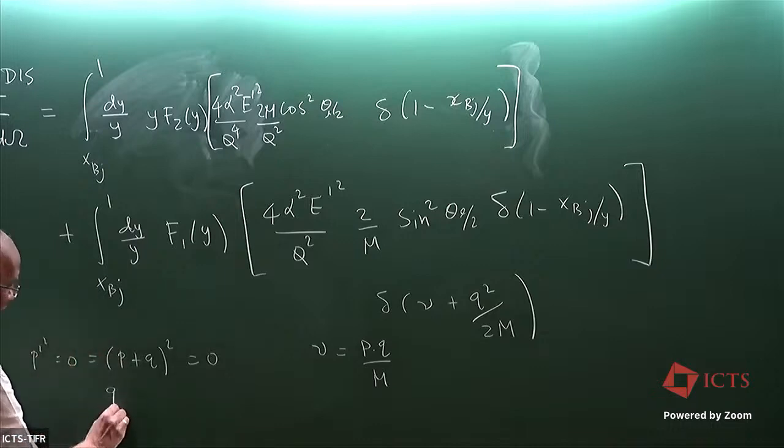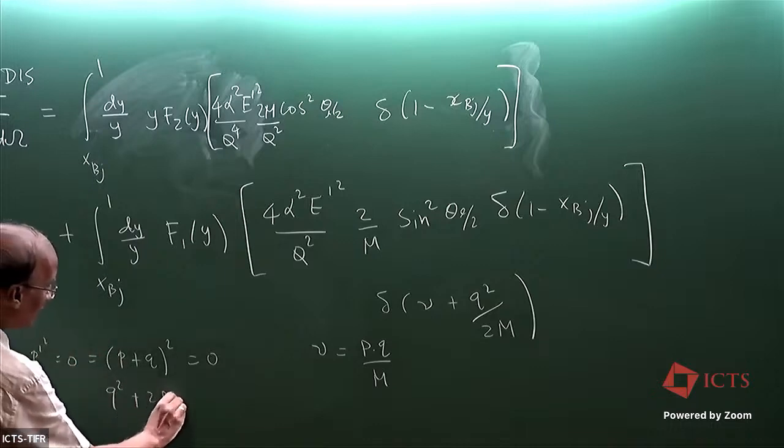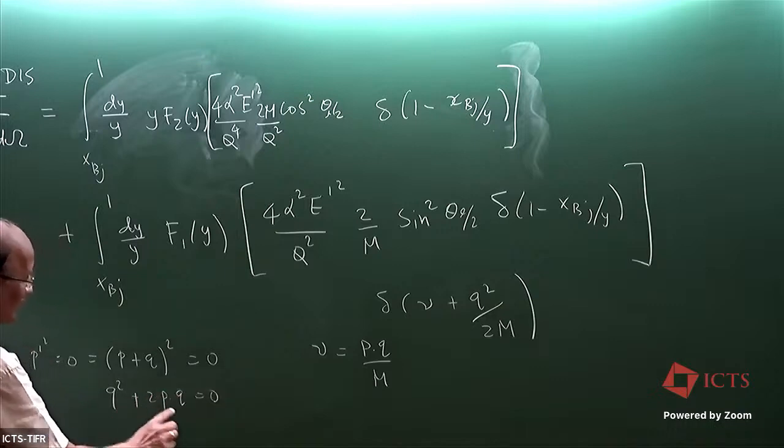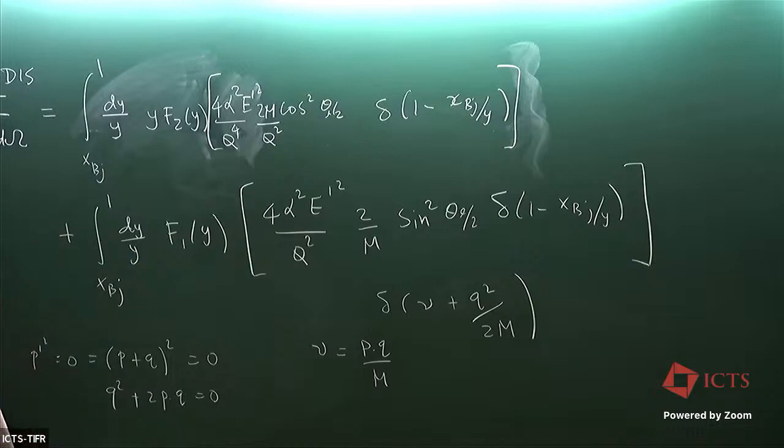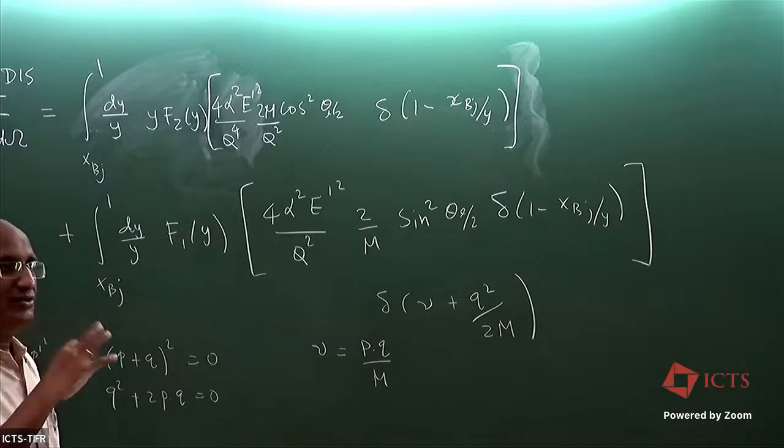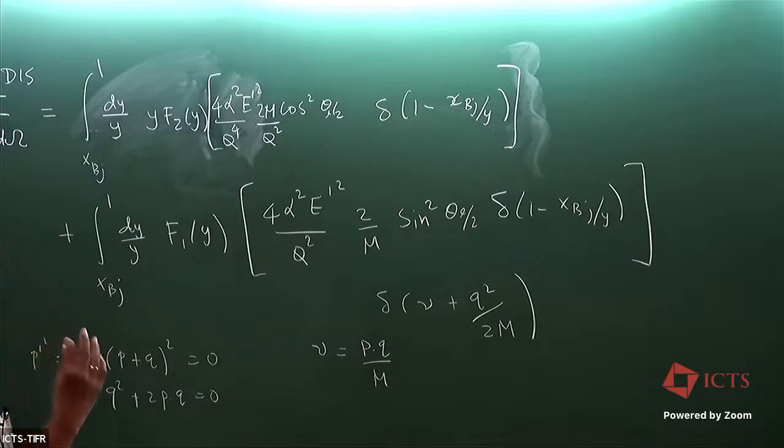So it is like q square plus 2 p dot q equal to 0. So there is a relation between q square and p dot q. In the deep inelastic scattering, q square and p dot q are completely independent. So these are two independent scalar products.